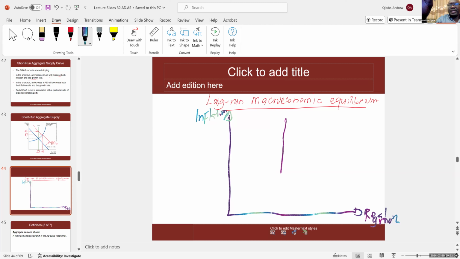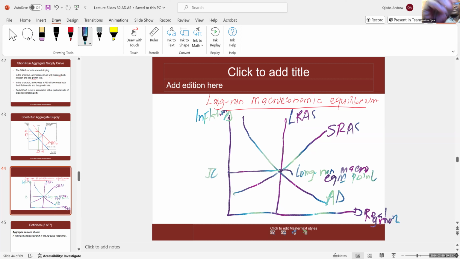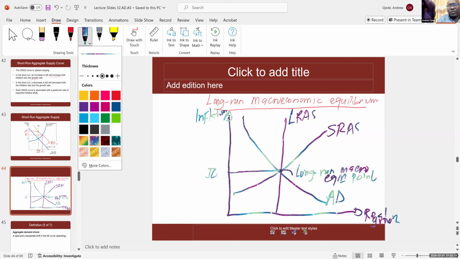So when all three curves, the long-run aggregate supply curve, abbreviated as LRAS, the aggregate demand curve, which is the AD curve, and now the short-run aggregate supply curve, which slopes upwards, intersect, this point is what we call the long-run macroeconomic equilibrium point. And this is going to be the general price level or inflation that exists in the economy. So this would be like some kind of solow growth.